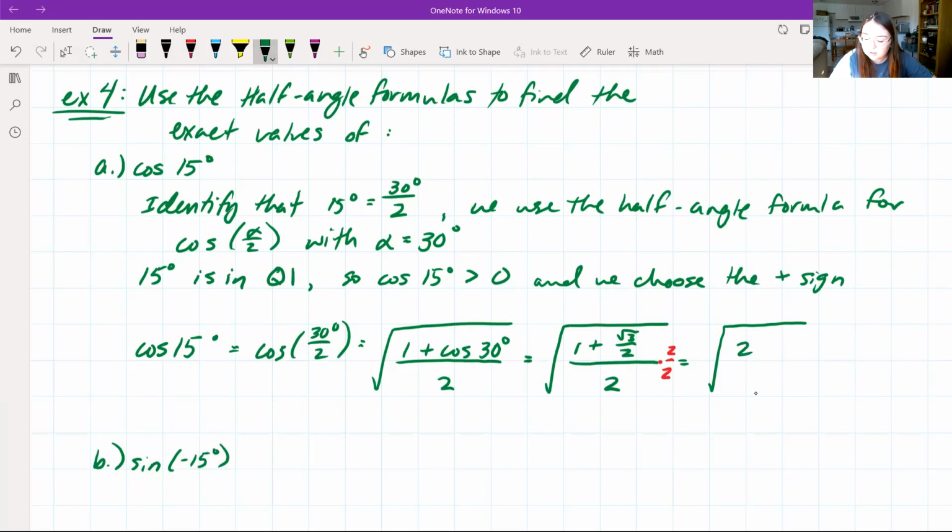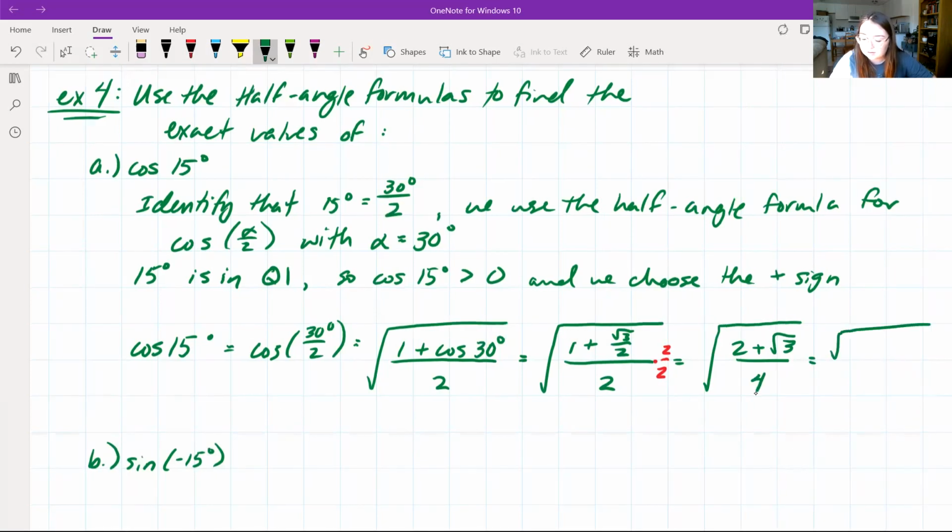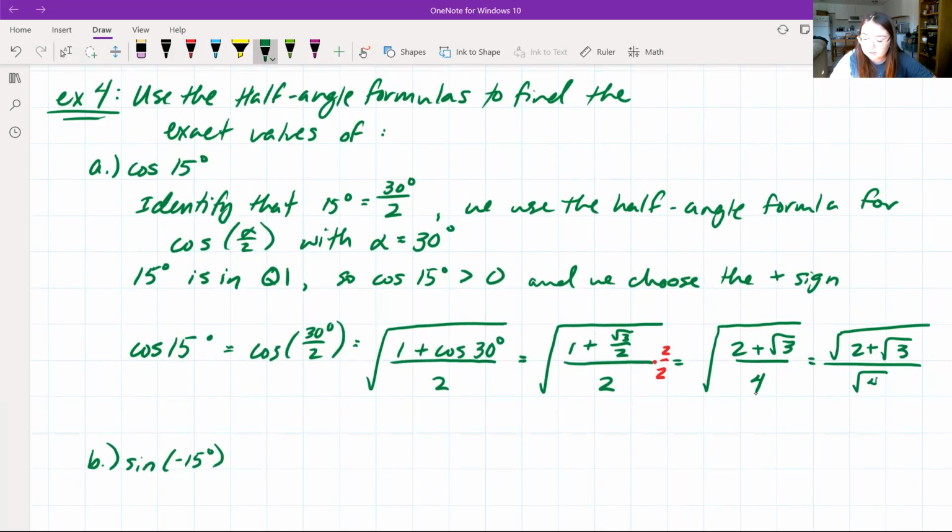This would then give us 2 plus the square root of 3 over 4, which then we can simplify to say 2 plus the square root of 3 divided by the square root of 4, which we know the square root of 4 is going to be 2. So our value of cosine of 15 degrees would end up being equal to the square root of 2 plus the square root of 3, divided by 2.